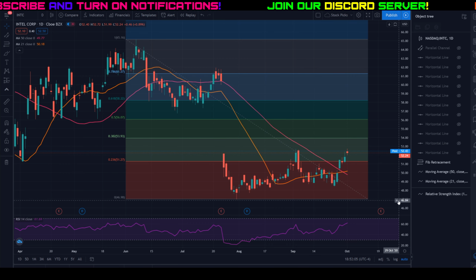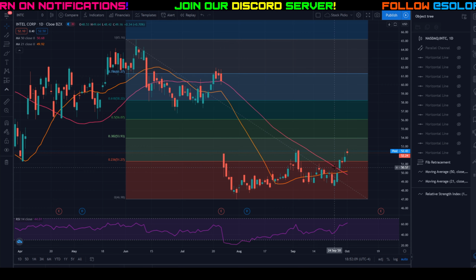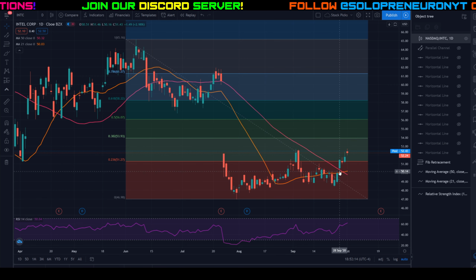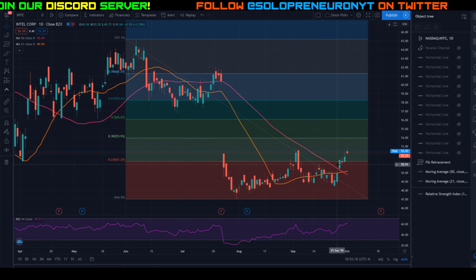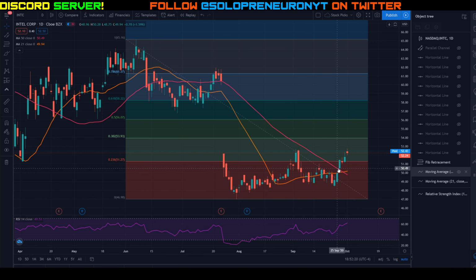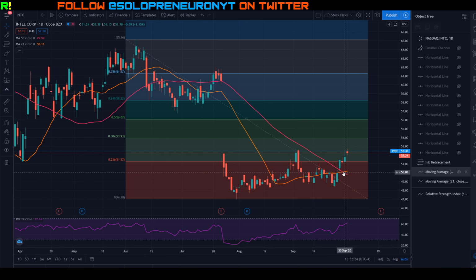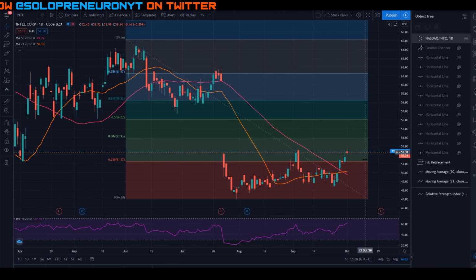The other thing I notice is that this pink line represents the 50-day moving average and the orange line represents the 21-day moving average. You can see that for the past 4 trading days, we are trading above both of those moving averages, which is a bullish sign. We can also see that the 21-day moving average crossed over the 50-day moving average, so that tells me that short term, this is a bullish move.